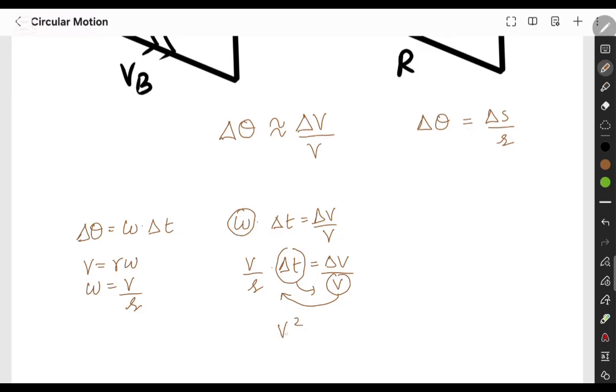So I get V squared over R is equal to delta V over delta T.